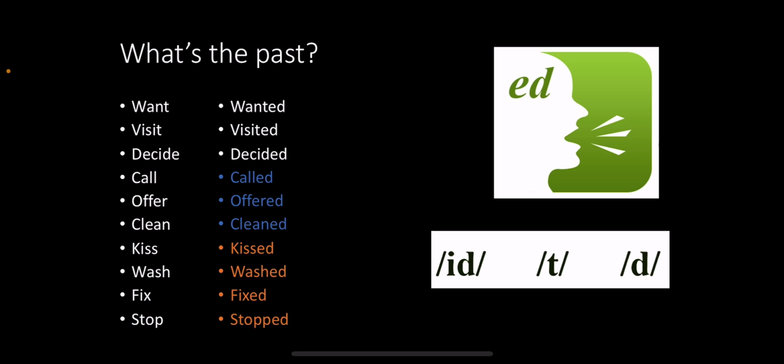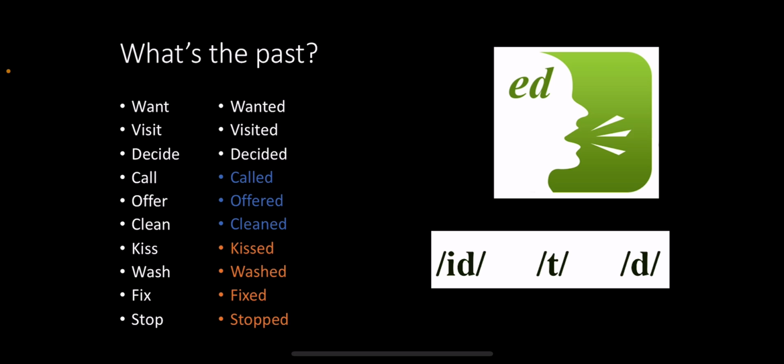The vocal cords vibrate when you are speaking in English, in Spanish, in any language. If you speak and you touch your neck, you're going to feel that your throat is vibrating, is moving. So when your throat vibrates, it's using the vocal cords.